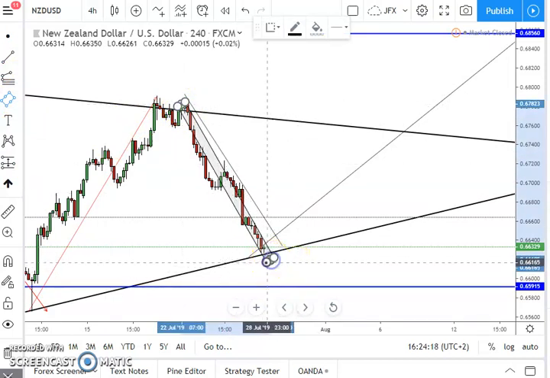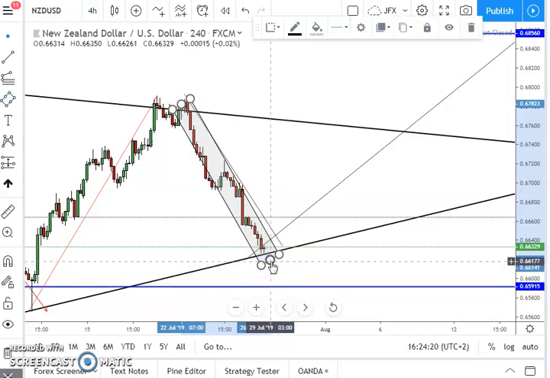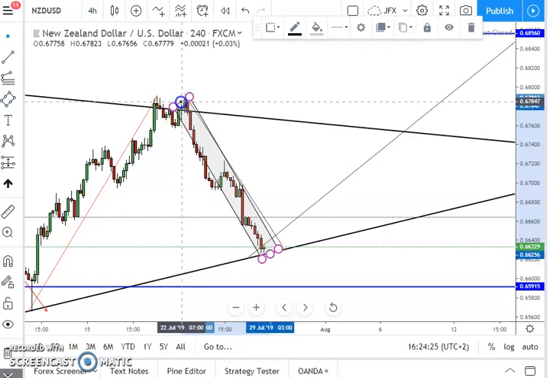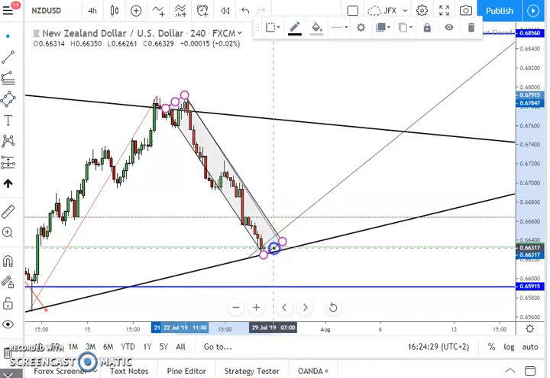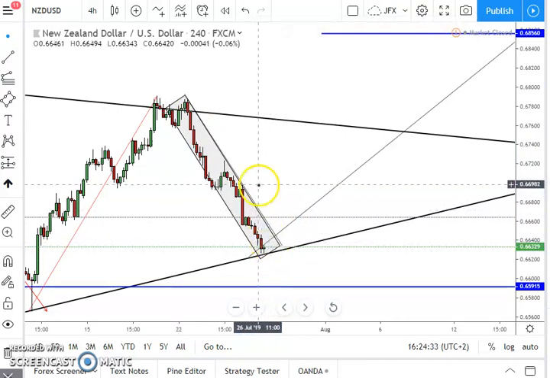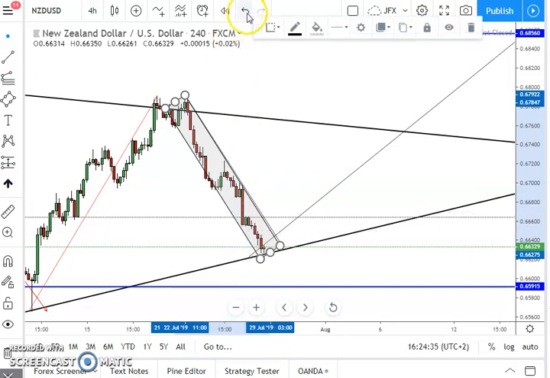Also, if we're looking at the box right here, just like this, I'm also going to be looking for the market at least to break this box as well. Whether it's going to be breaking below or breaking above, that will be my confirmation.